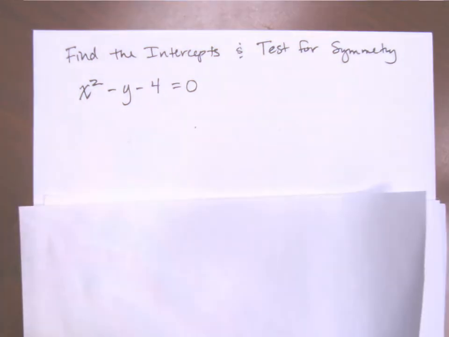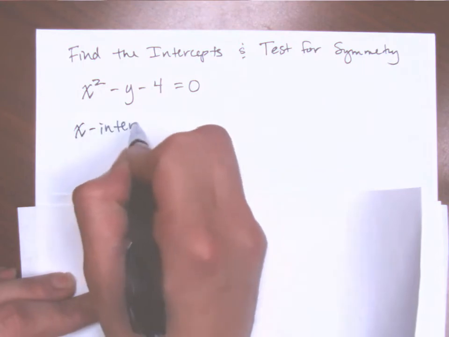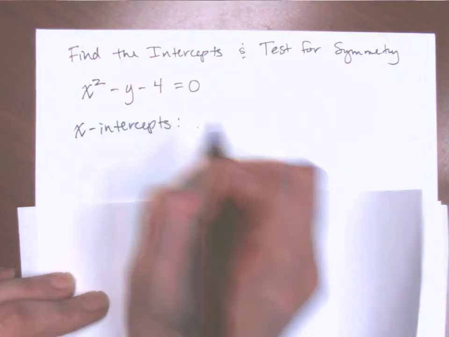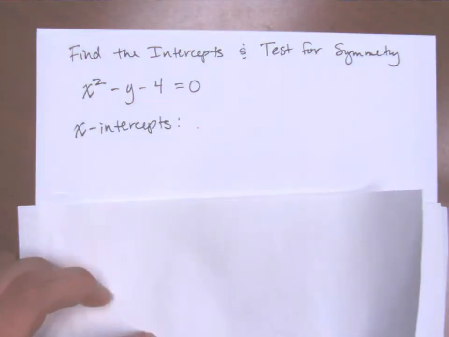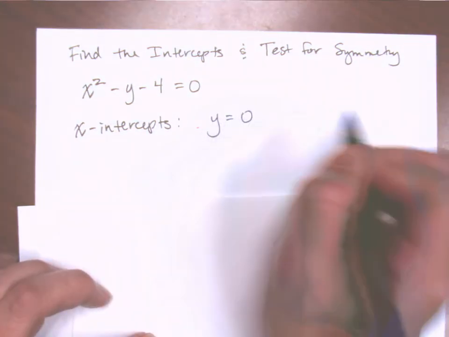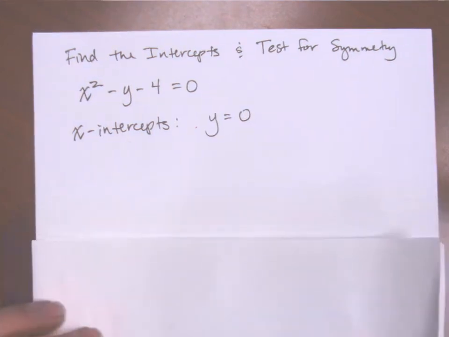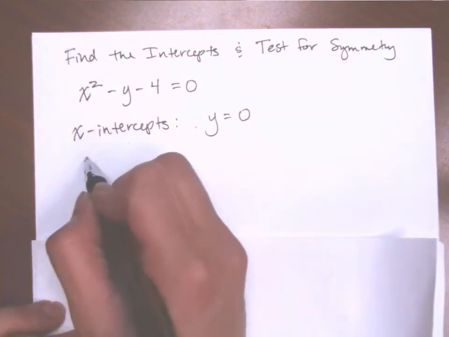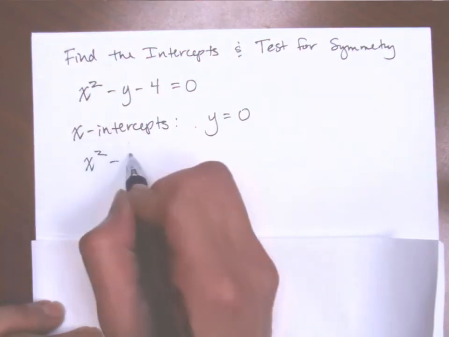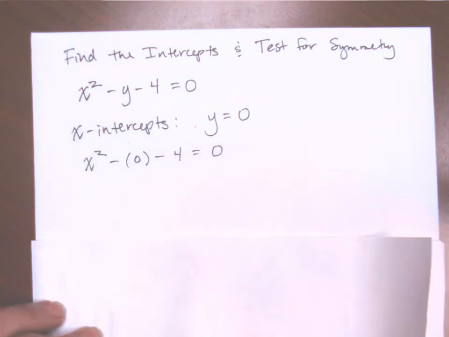So let's first find the x-intercepts. When I'm looking for x-intercepts, I want to take y and plug in 0 for y, and then just solve my equation. Okay. So that means here I would have x squared minus 0 minus 4 equals 0, plugging in 0 for y.